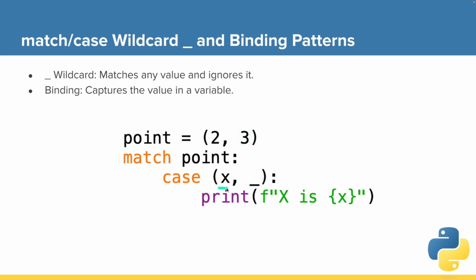If we removed this x and put in the value 2, that part of the tuple would match. And if we left our wildcard here, then this condition would match and it would print. So a little bit of more useful handy tools there with our match case using wildcards and binding.